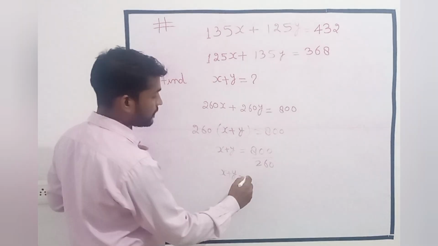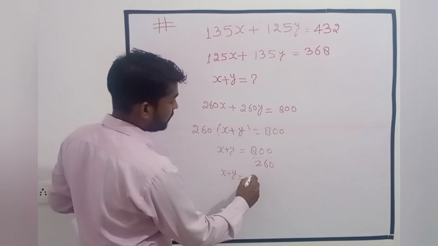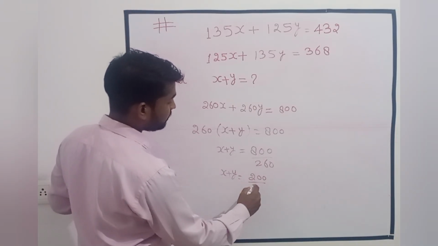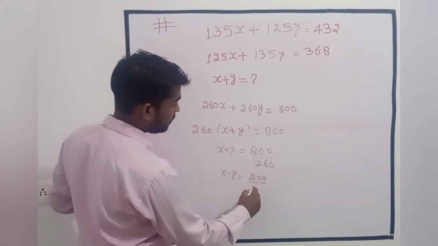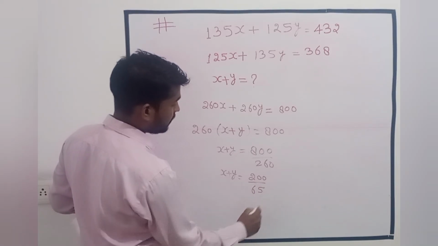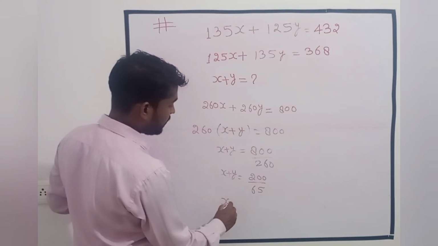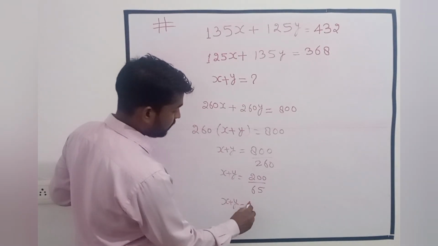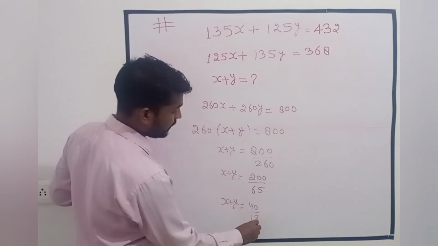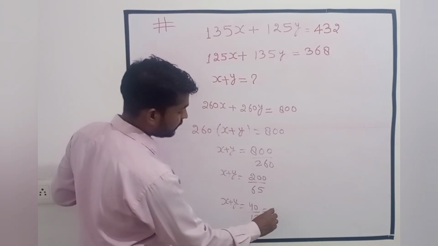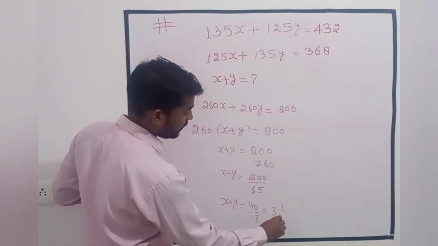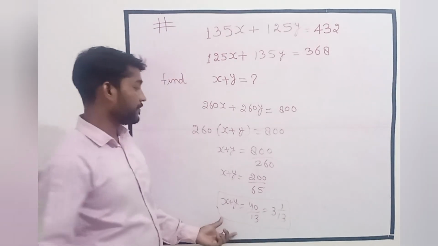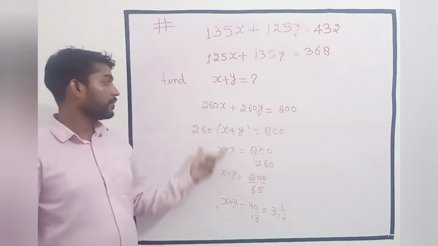We can also take divided by 4 and it will become 200, and this will become, again we solve this, 40 and this is 30, and also we can write 3 1 upon 30, and this is the answer of x plus y, and you can solve x plus y.